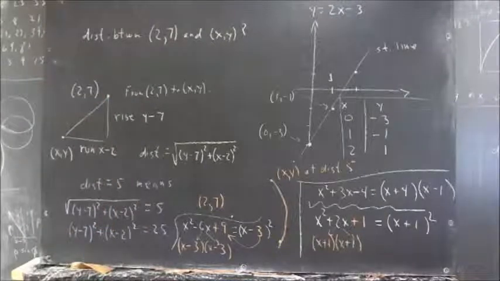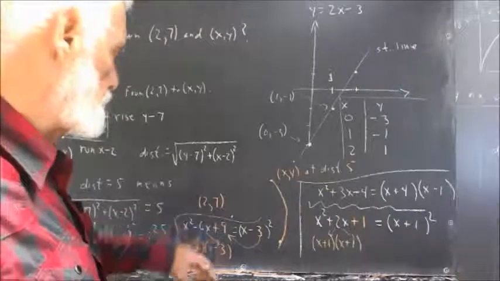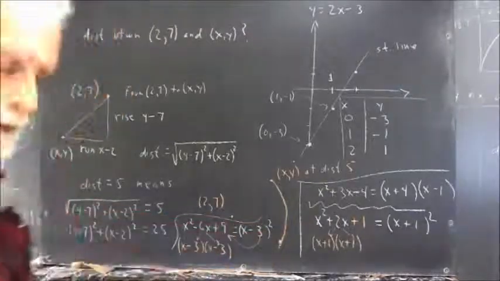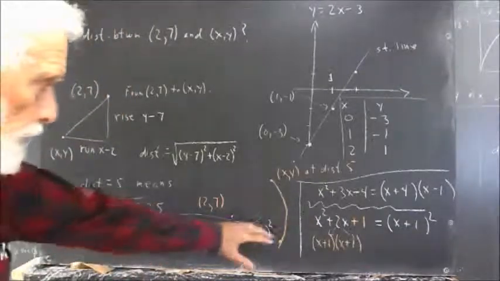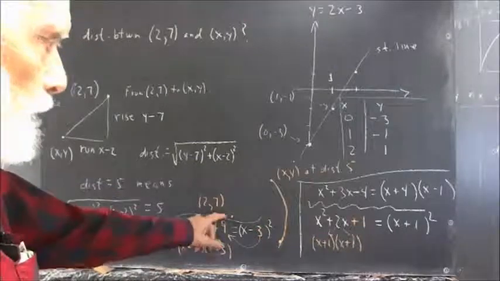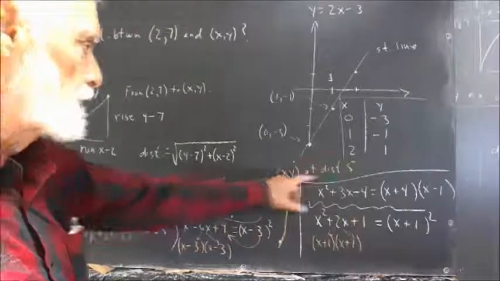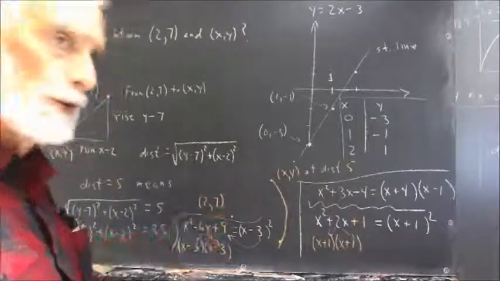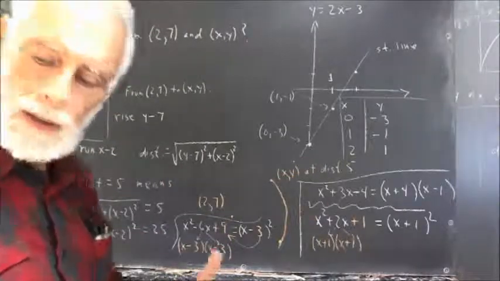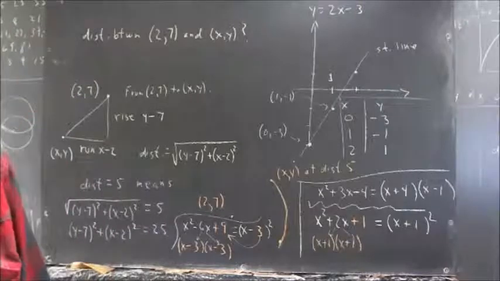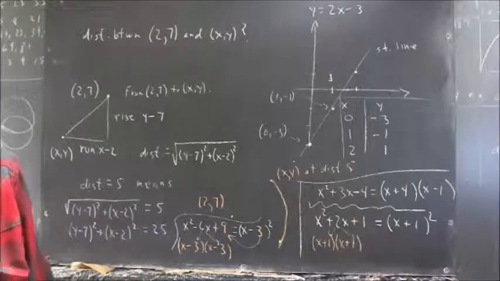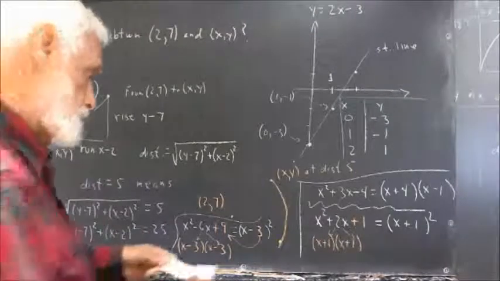That is the equation for the condition that the point (x, y) lies at 5 units from the point (2, 7). Now, if this is the point (2, 7), and I kind of inserted something down here, so ignore these equations and stuff, but if this is the point (2, 7), and here's an (x, y) at a distance of 5 from the point (2, 7), can you show me another point at distance of 5 from the (2, 7)?